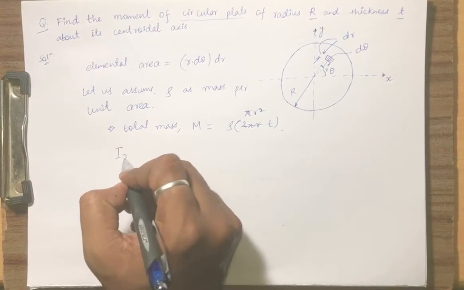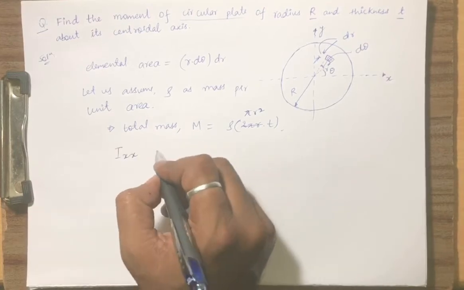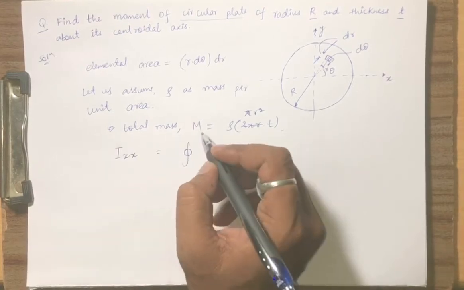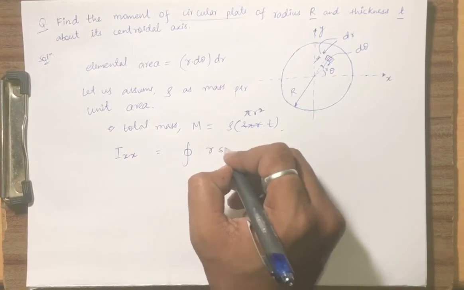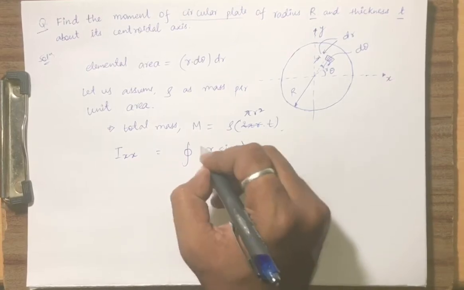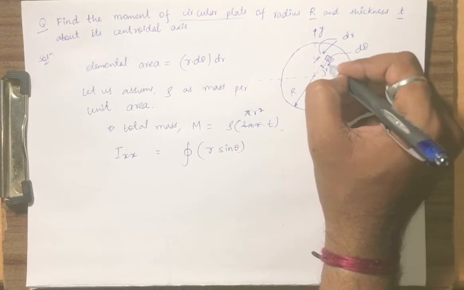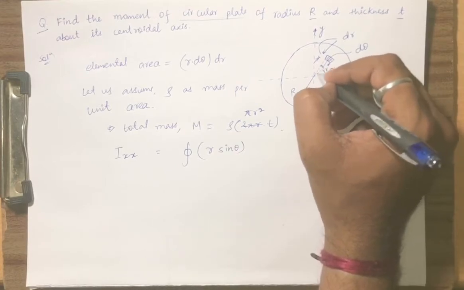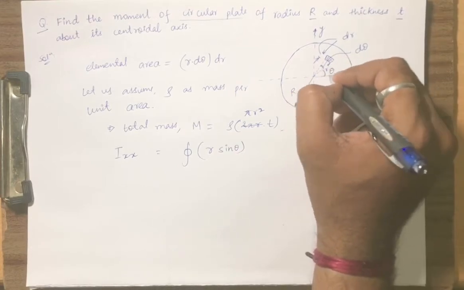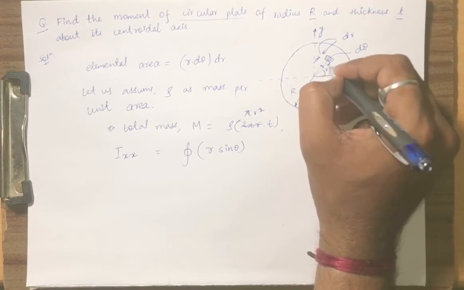So Ixx will be the integration of r sin theta, y, because this element is at a distance of, if this is r, this will be r cos theta, this is r sin theta.